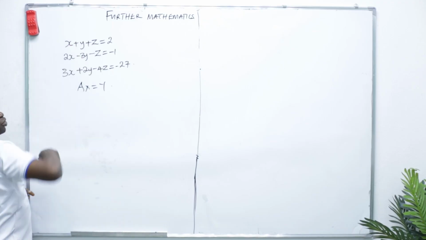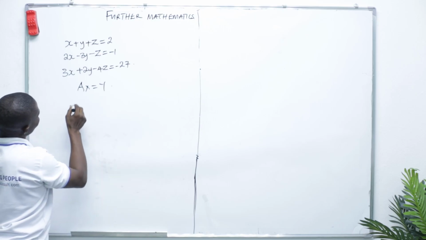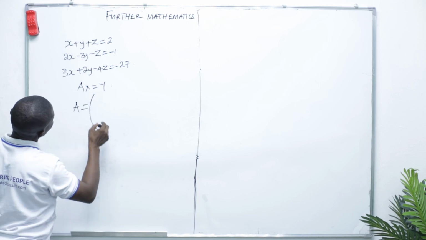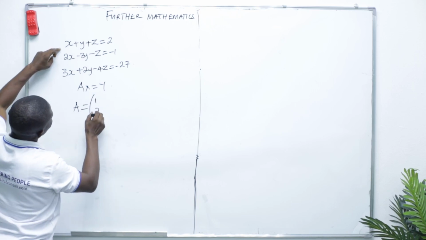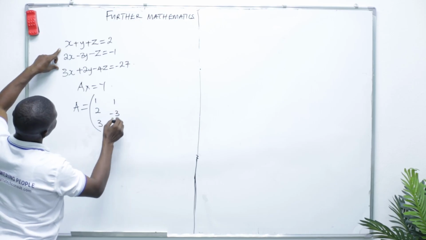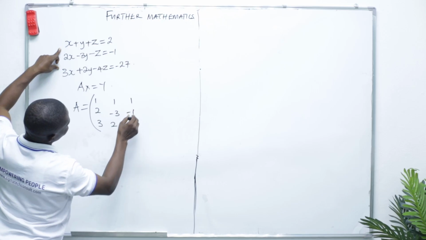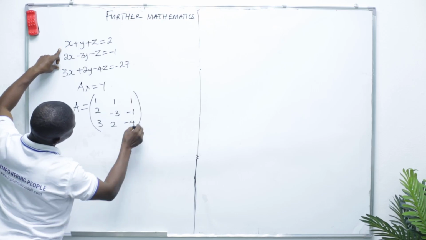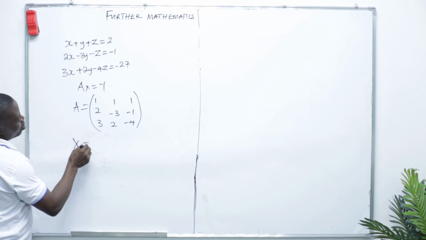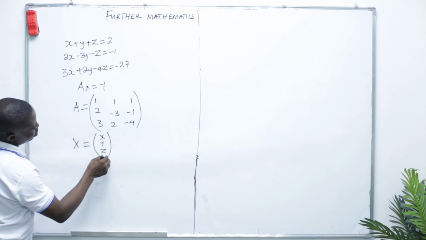Transforming this into matrix form by getting the coefficients, I want A equals 1, 1, 1; 2, minus 3, minus 1; 3, 2, minus 4. This is my A. So my X now equals x, y, z.